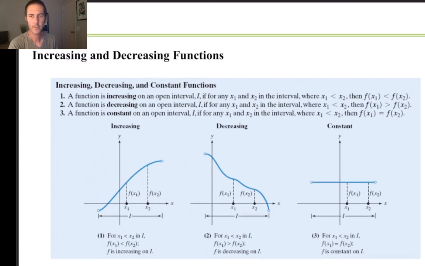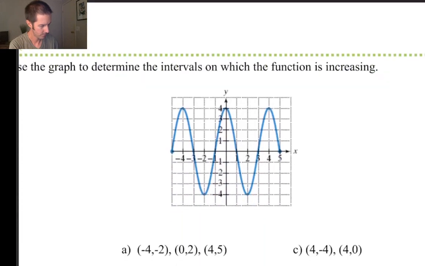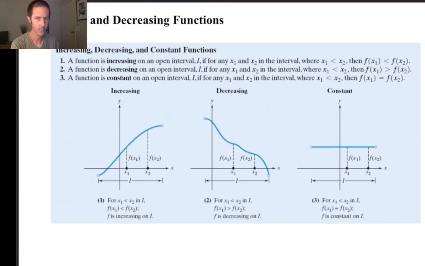Increasing and decreasing functions. So these aren't specific types of functions as much as they are characteristics of functions or characteristics of parts of a function. Okay.